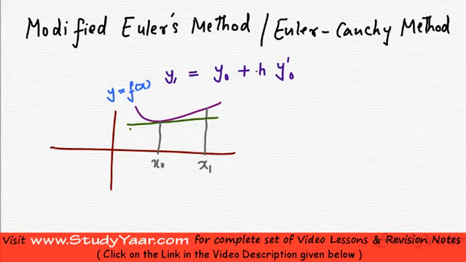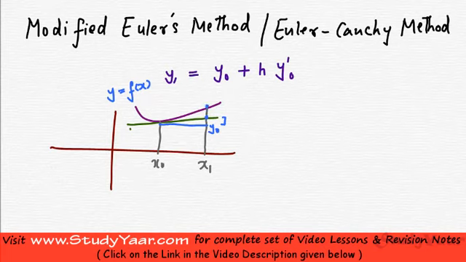You want to calculate your y1. We cannot calculate the exact value, we can calculate an approximate value. This is your y0, so this is also your y0, and over that we can add this much and we get an approximate value of y1.